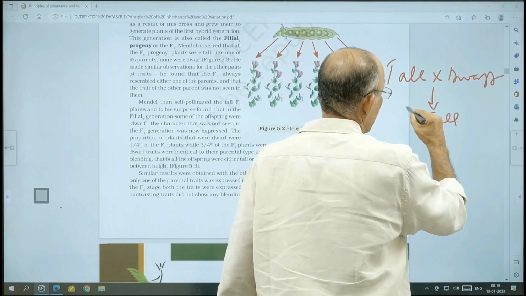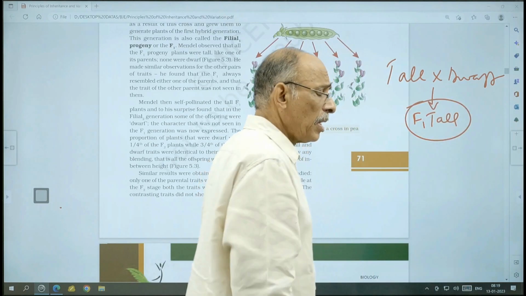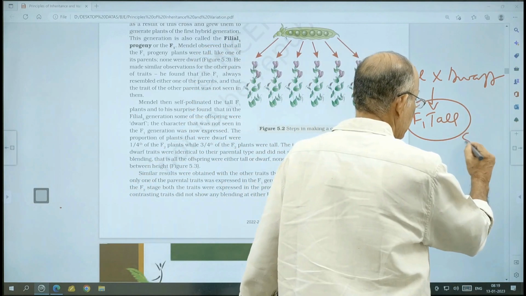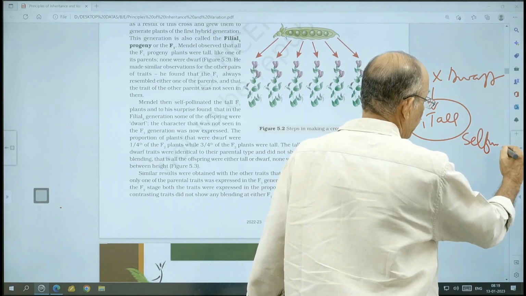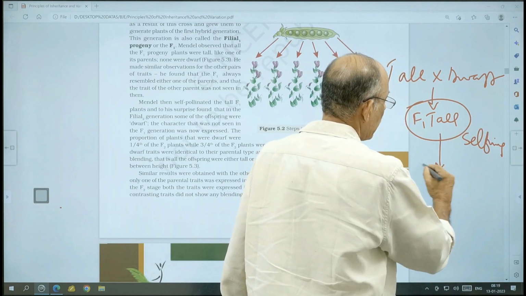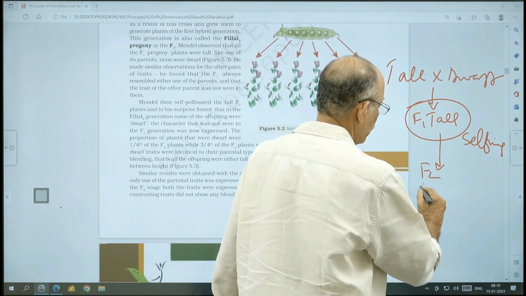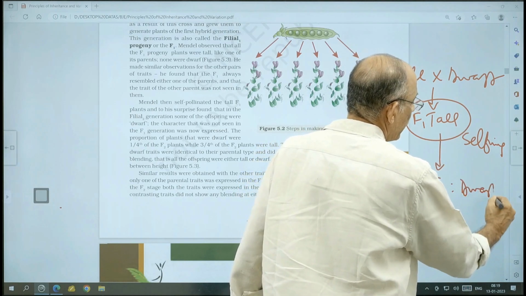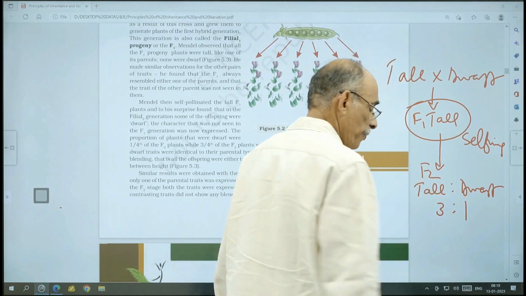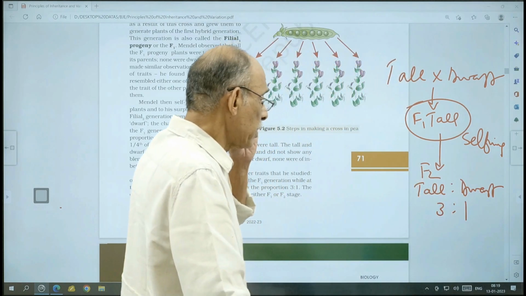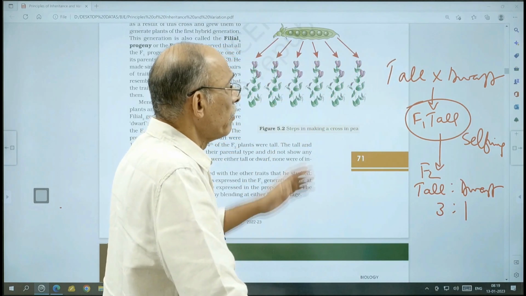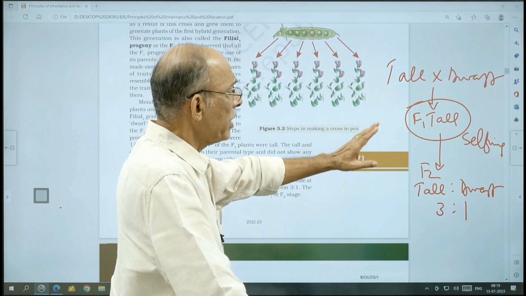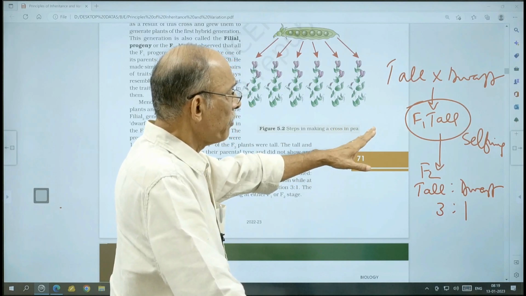Then he allowed these F1 plants to undergo self-pollination, self-fertilization, to raise the F2. And in the F2, Mendel got tall and dwarf plants in the ratio 3:1. So the first cross was between a tall plant and a dwarf plant, and all the F1 plants were tall.